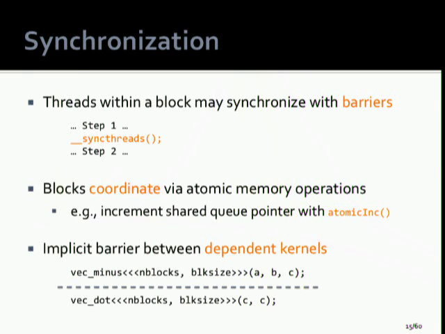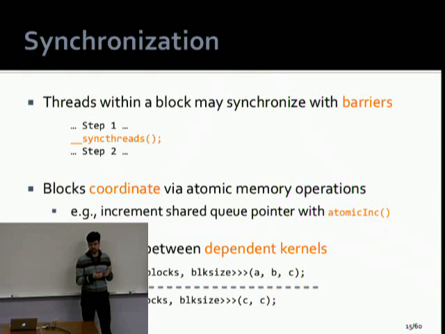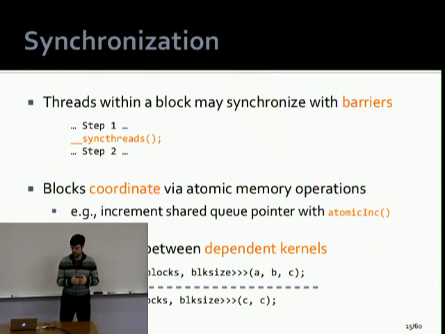So this is a certain kind of coordination, right? Because the blocks are actually interacting, but it's not like a full synchronization and communication. We're just talking about an atomic memory operation on a very small piece of data.